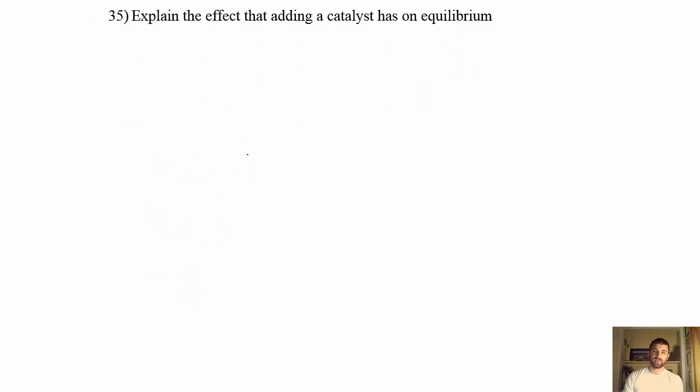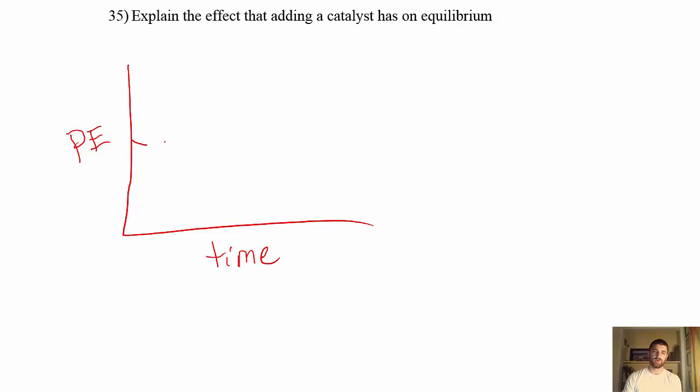All right, explain the effect of adding a catalyst has on equilibrium. I'm going to give you the long answer. So if we're looking at a potential energy diagram to talk about what does a catalyst do, well, a catalyst lowers that activation energy, which means what for the forward reaction? It's going to speed it up because now it doesn't take as much energy to get it going.